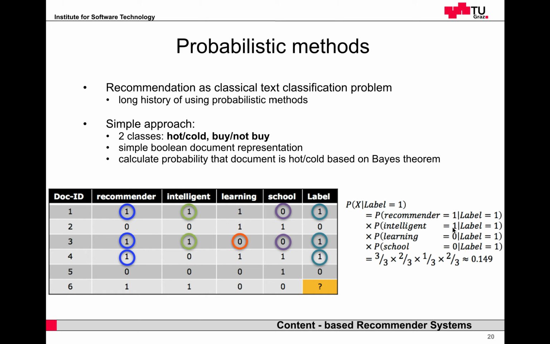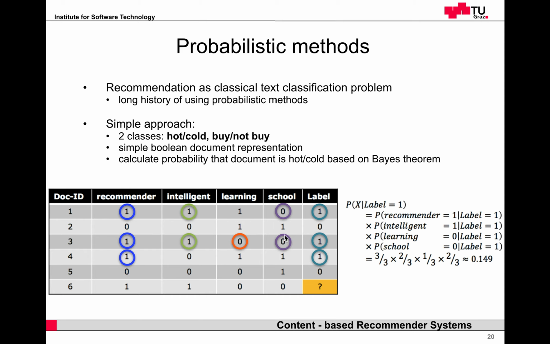intelligent equal to 1, under the condition of the label equal to 1, we have 2 divided by 3. For the next attribute, learning equal to 0, under the condition of the label equal to 1, is 1 divided by 3.